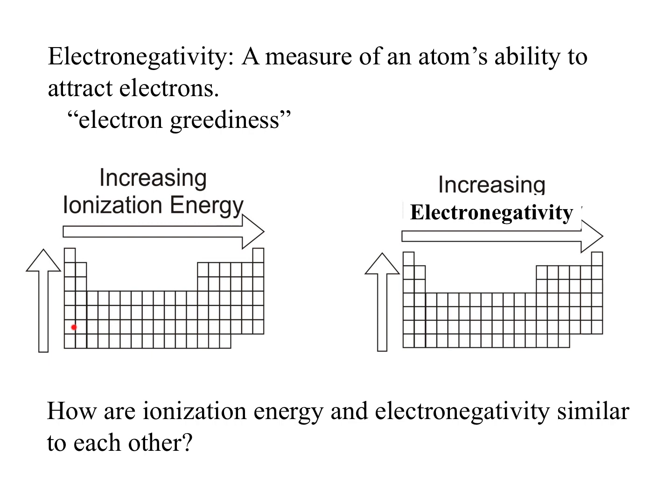So is it easier for it to lose 1 or gain 7? Lose 1, right? So cesium wants to lose an electron. It gives an electron up super easily. So when cesium bonds, does it want any more electrons, or is it trying to get rid of electrons? It's trying to get rid of them. It's not going to pull any electrons near it. It's trying to get rid of its own electron. So does it make sense why these two have the same trend?